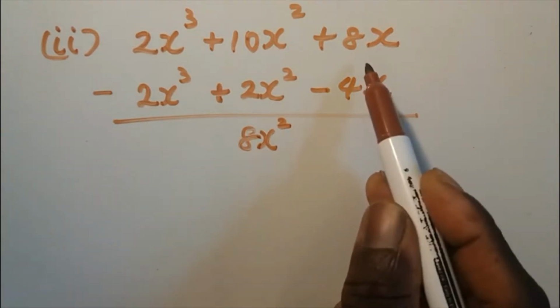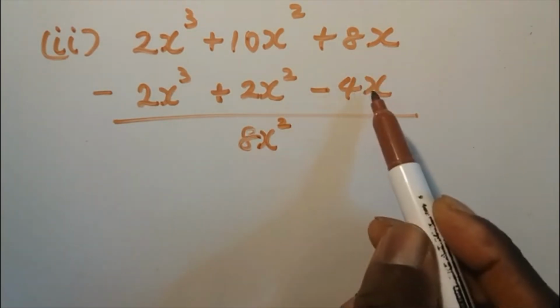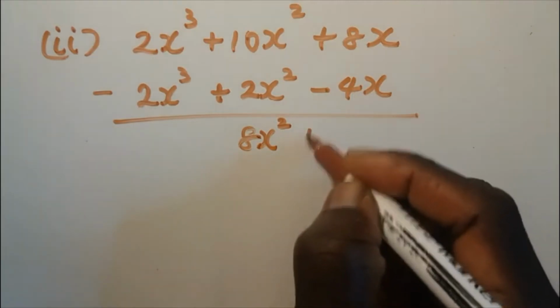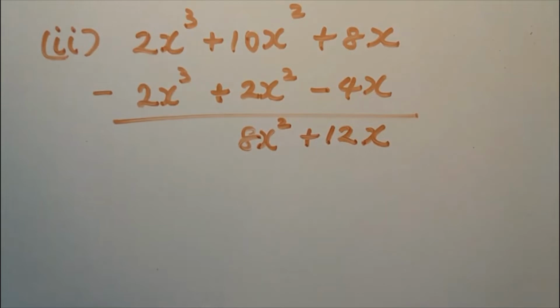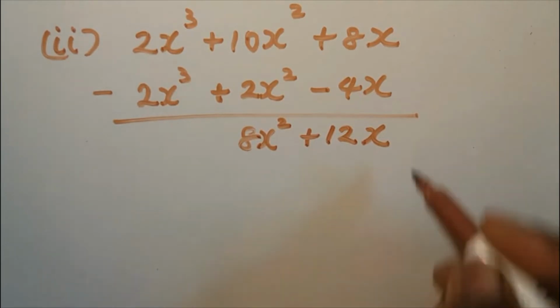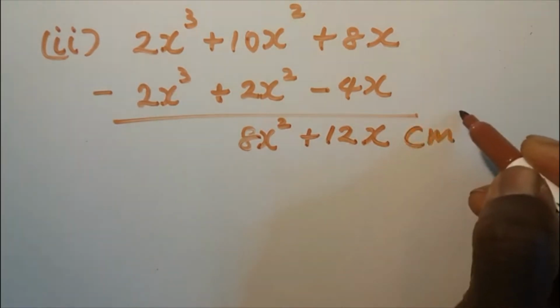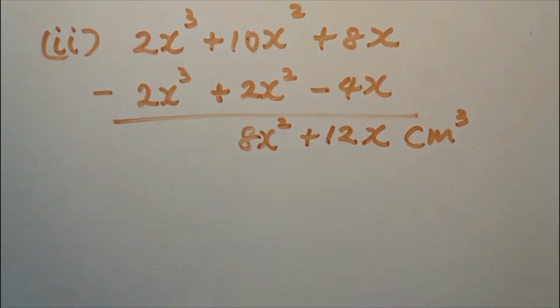And 8x take away minus 4x will give us add 12x. And this is in cubic centimeters. So that's part 2I of B.